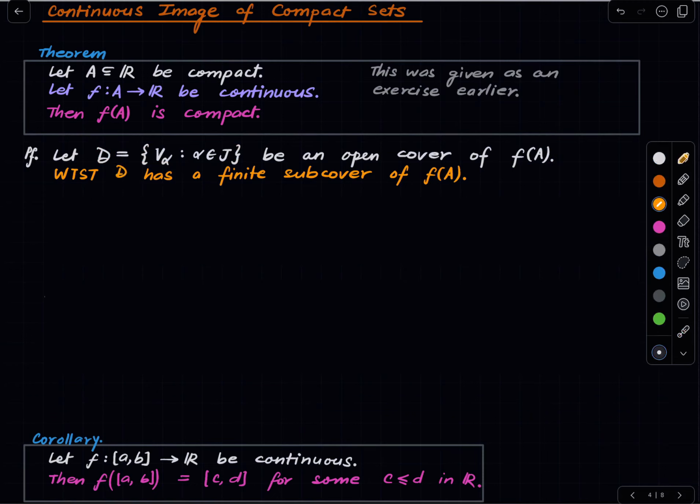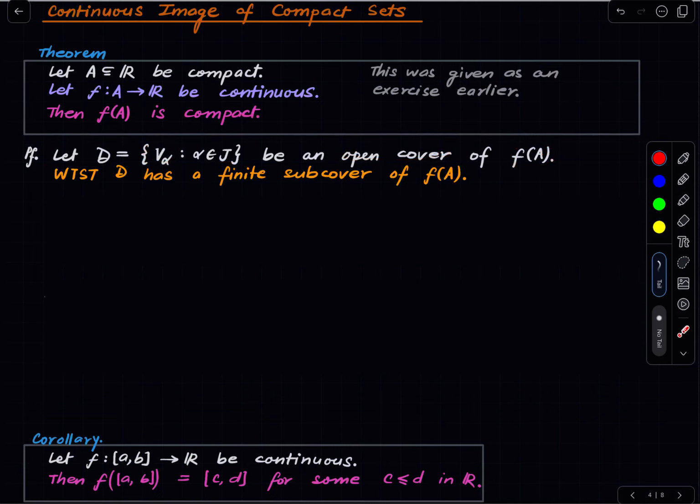You start with an open cover and show that it has a finite subcover. Meaning you show that there are finitely many things in J such that the corresponding V alphas contain f of A. Also recall, by open cover we mean a collection of open sets whose union contains the given set. Just recalling the definition of compactness.